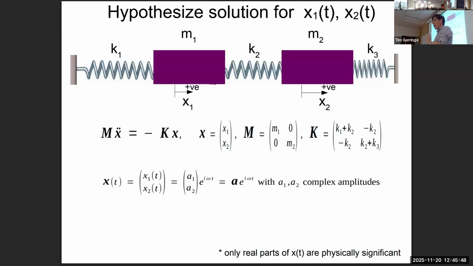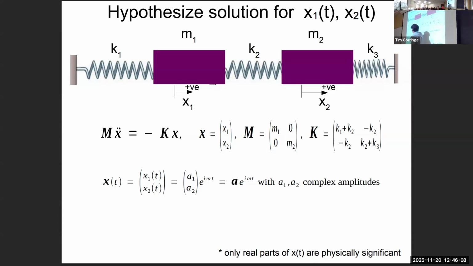That's going to be my hypothesis, and we're going to try it out. Is there a solution of the coupled two masses, three springs, where we see the two masses oscillating with a common frequency?